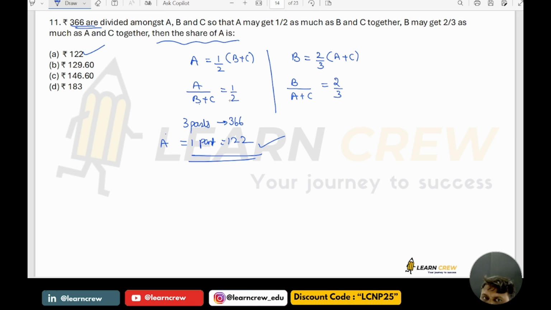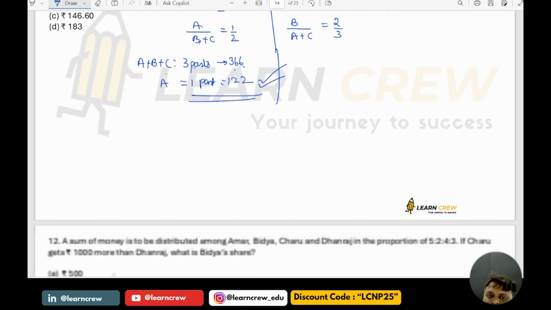We have got the answer. A by B plus C is 1 by 2. If A is 1 part, B plus C together is 2 parts. Total A, B and C is 3 parts. If 3 parts is 366, then A is 1 part, which would be 122. So the answer is option A.